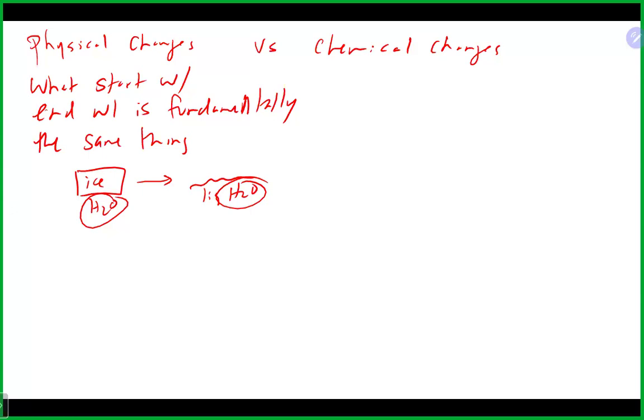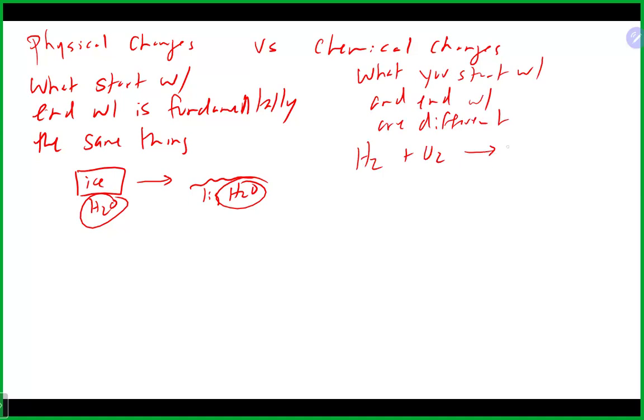In a chemical change, what you start with and what you end with are fundamentally different things. So, for example, if you took hydrogen gas plus some oxygen gas, you make some water in this case, balance it. And water is fundamentally different than both of those guys.